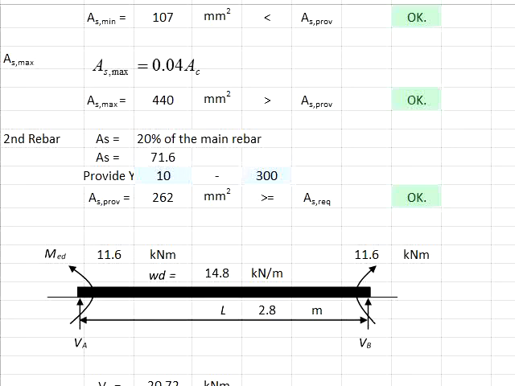a one-span member. Basically, the secondary reinforcement bar does not contribute to that in terms of the moment resistance. However, it is required in terms of the crack control, and the requirement here, it will be at least 20% of the main reinforcement bar.